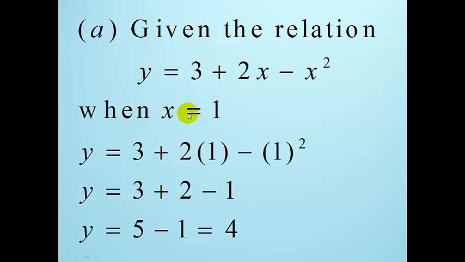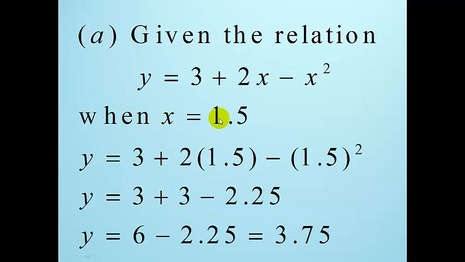Now when x equals 1, by substitution into y equals 3 plus 2x minus x squared, we have y equals 3 plus 2 times 1 minus 1 squared. And we have y equals 3 plus 2 minus 1. Now 3 plus 2 equals 5, and 5 minus 1 is equal to 4.